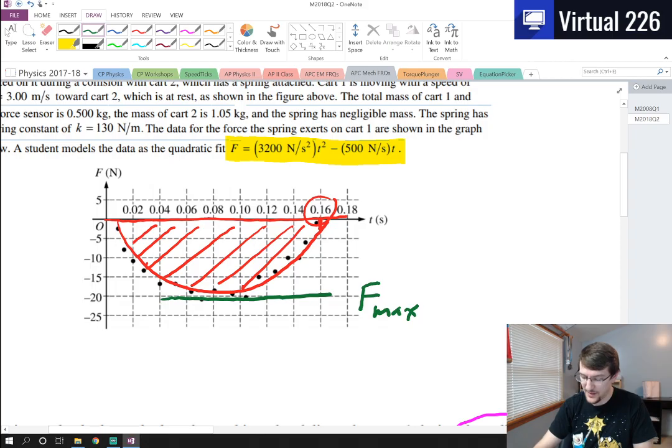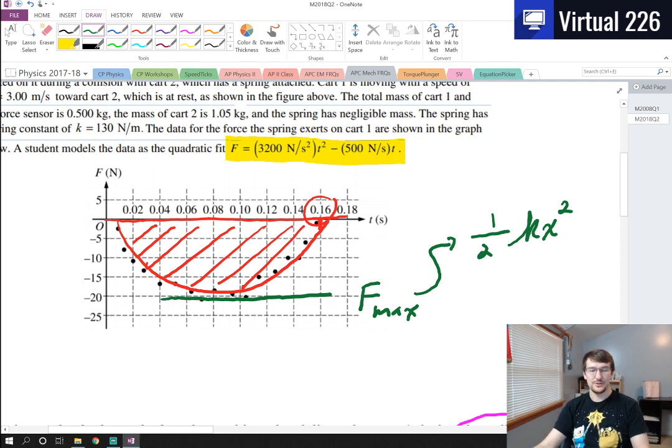And if you know that F max, you can just use it and set up a 1/2 kx squared. I like to just do it like that. If you don't like to do that, that's fine as well. There is another way to do it. But that's the way I like to do it.